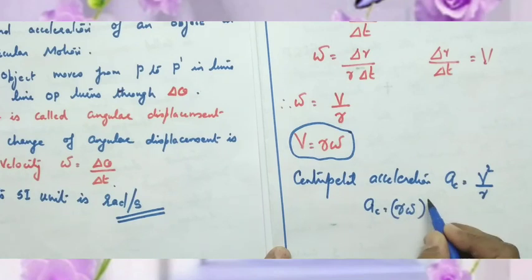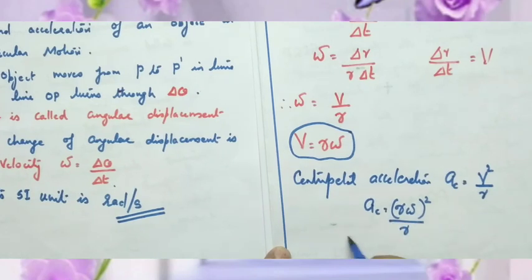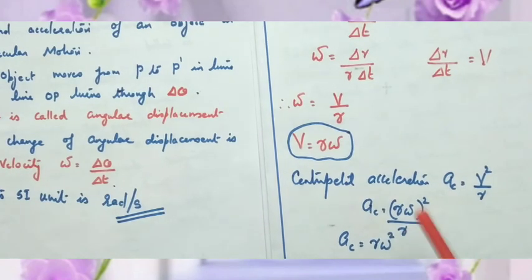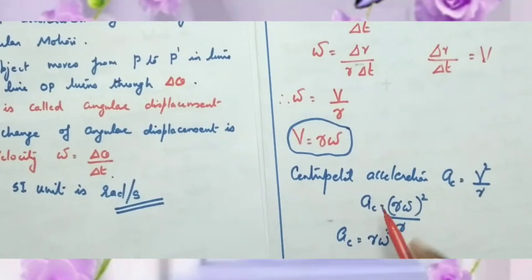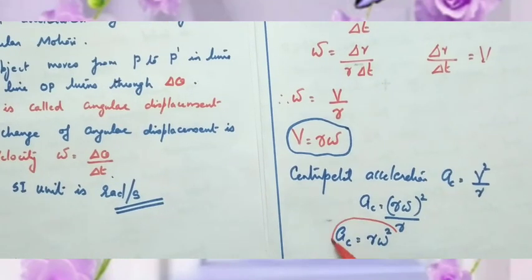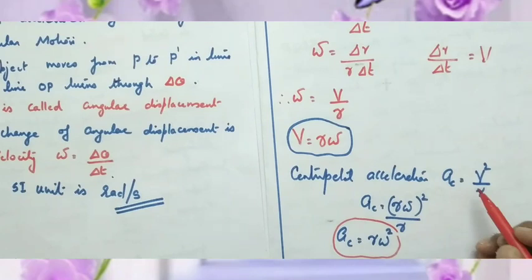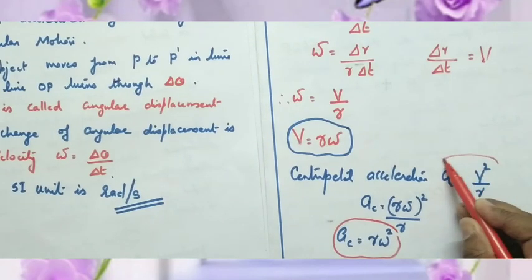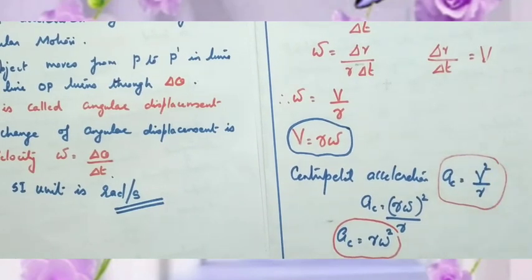Substituting, r omega the whole square divided by r. So centripetal acceleration is also given by r omega square. Clear? So the formula for centripetal acceleration relating angular velocity is r omega square, and relating linear velocity is v square divided by r.